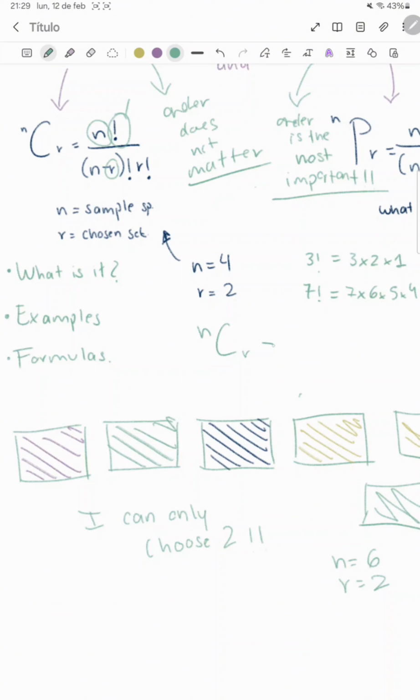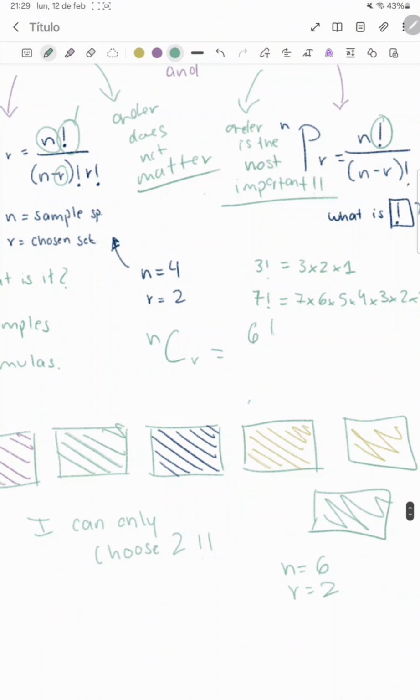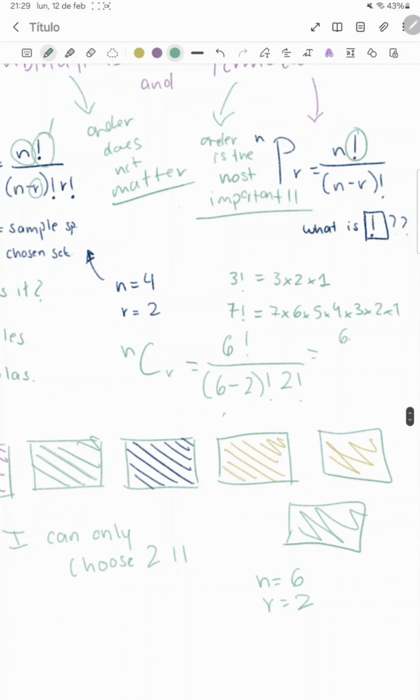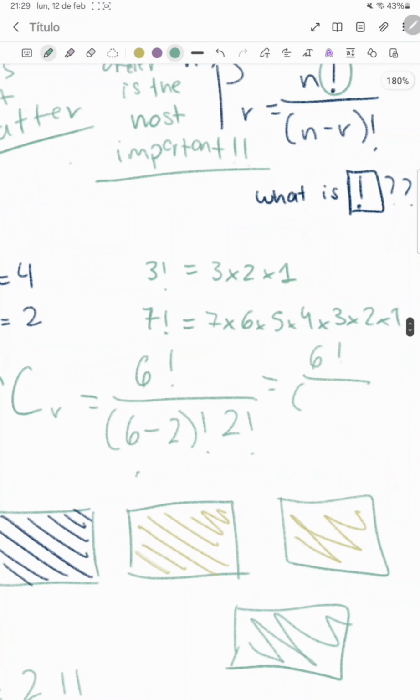N combination R equals 6 factorial over (6 minus 2) factorial times 2 factorial. And now you might say, how can we solve this? Well, it's really easy. We keep the 6 factorial the same. We solve the subtraction there, and it's going to give us 4 factorial, and now we have 2 factorial.